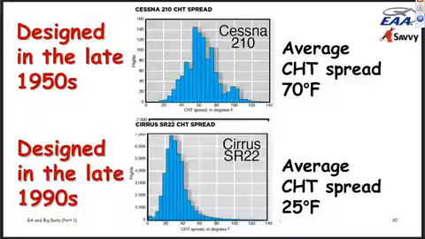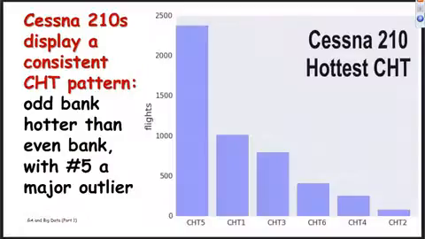An interesting thing that came out of that study was that Chris also analyzed the pattern of maldistribution of CHTs for the Cessna 210, and he came up with a result that looked like this. This is looking at each of the different cylinders on the engine, and which cylinder was the hottest running cylinder.